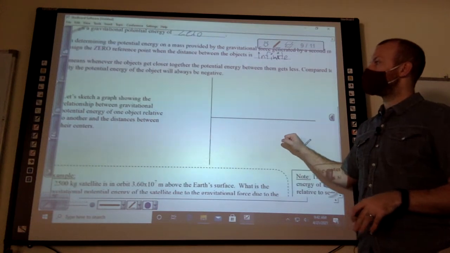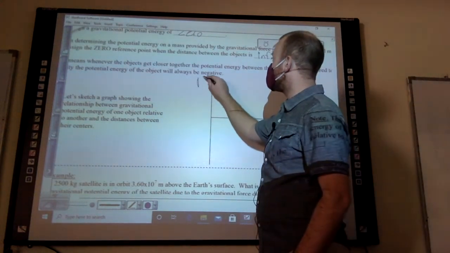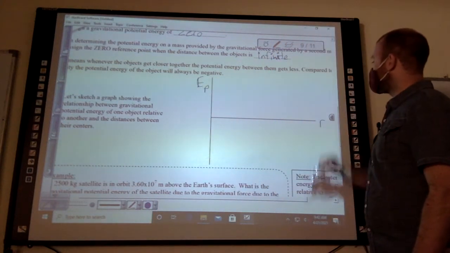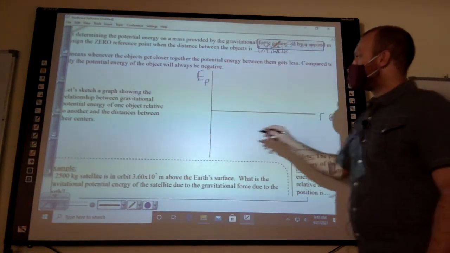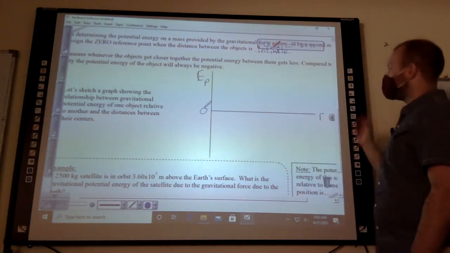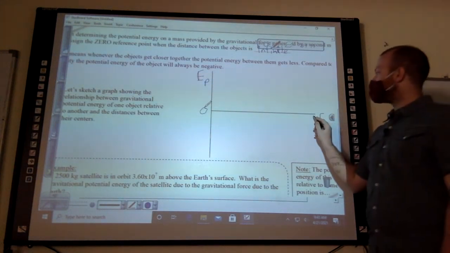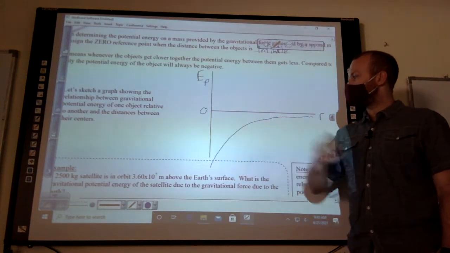If we wanted to see what the graph looks like, let's say this is my potential energy line, this is my radius. At a far enough distance away, my potential energy is 0, and as I get closer to the object, I get bigger and bigger negative numbers.